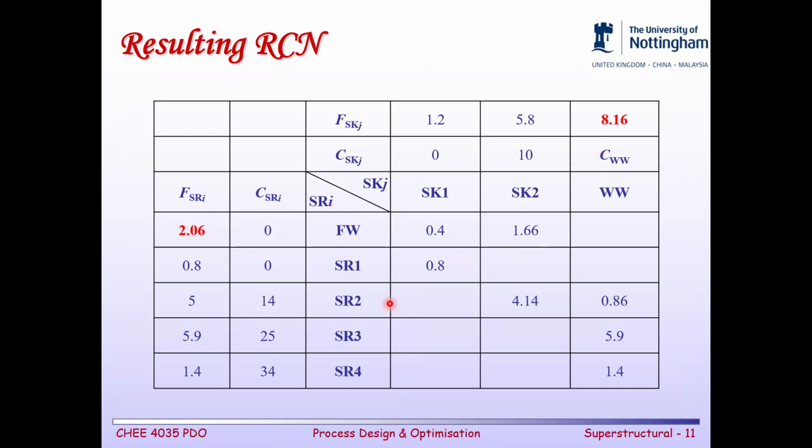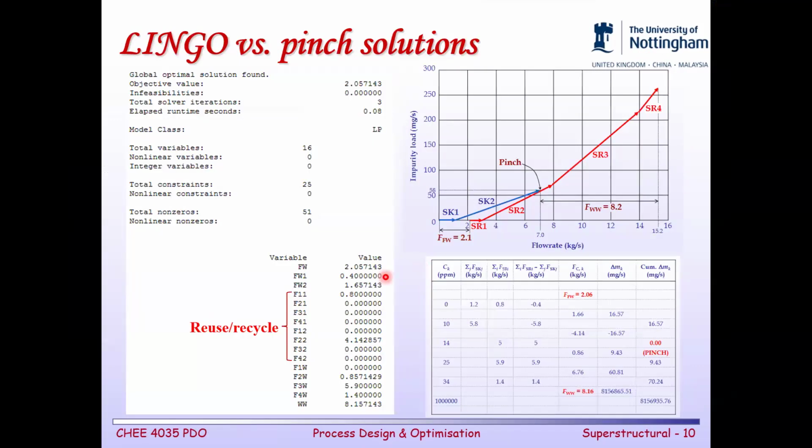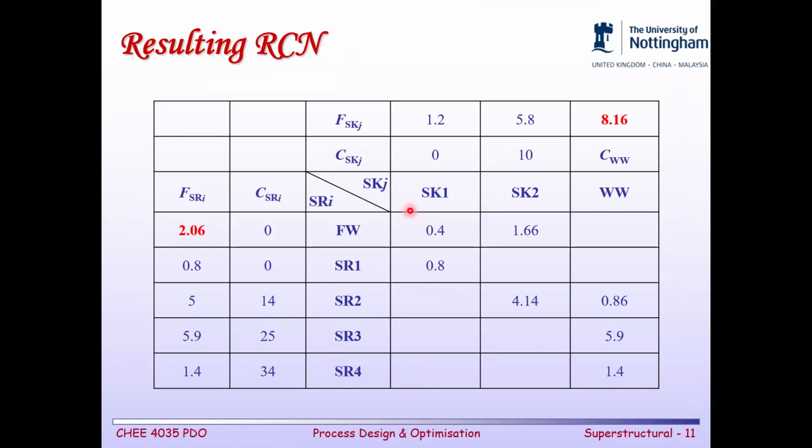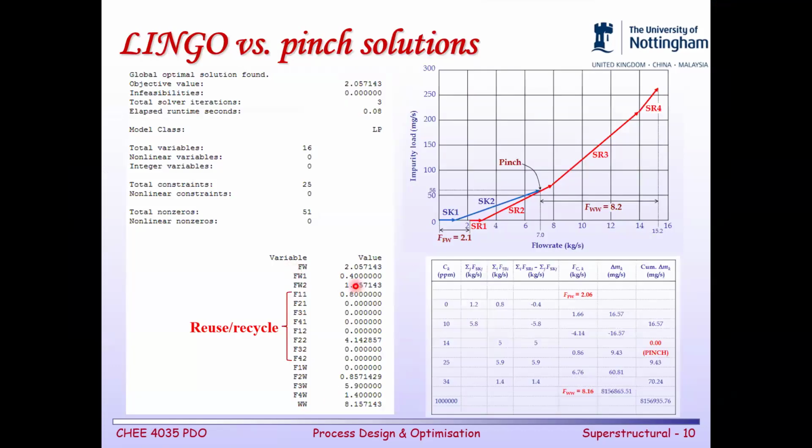But for mathematical programming, the model already outputs this one. So there's an advantage and disadvantage for both approaches, right? Because as you can see from here, you have to translate that into this form. But there's a technique to export the data to Excel, which I will show you.